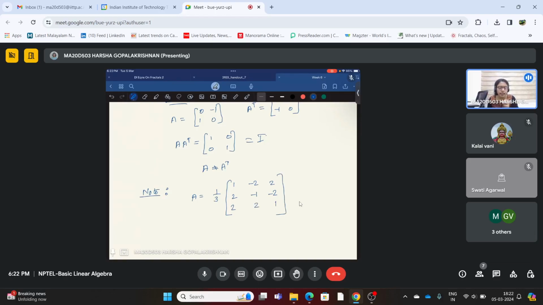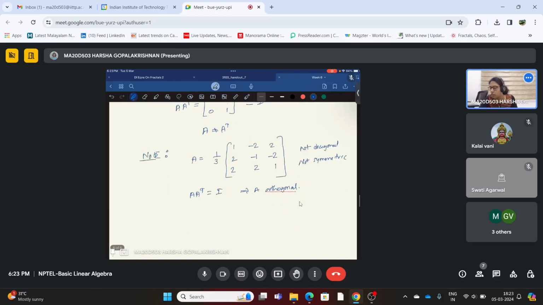If we take A like this, we can see that A is not diagonal, not very simple, and not symmetric also. But you can just do the multiplication and verify that A into A transpose is identity. So A is orthogonal. An orthogonal matrix need not be very simple, as we have seen already. It can be a bit complicated, but not so complicated, something like this.